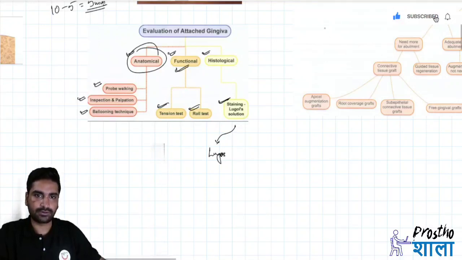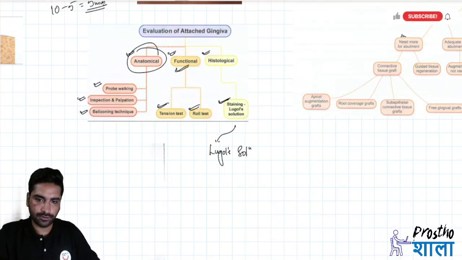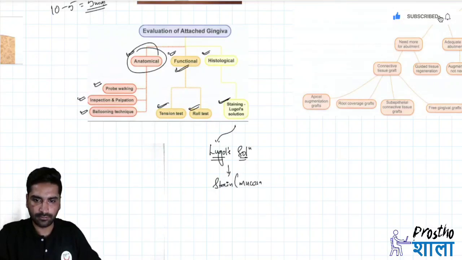So Lugol's solution is going to stain the mucosa brown.